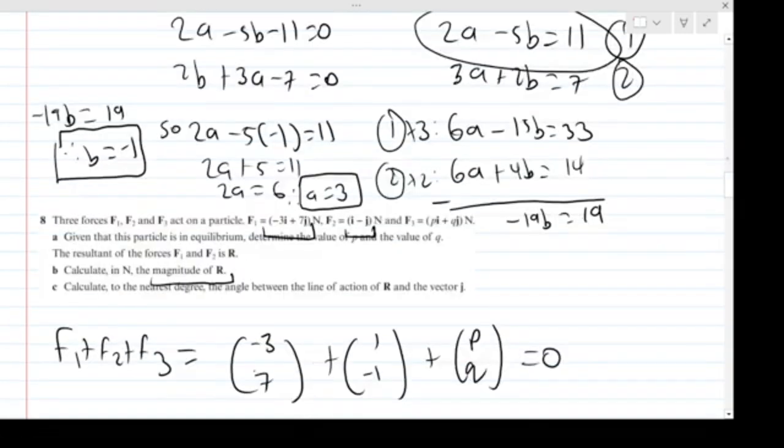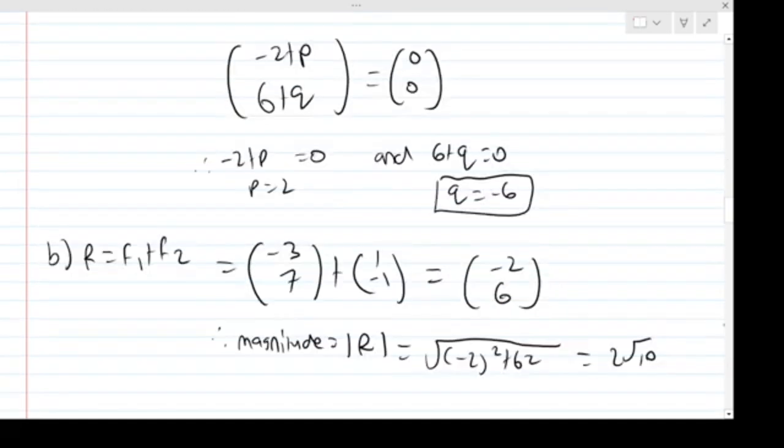Then it says, calculate to the nearest degree the angle between the line of action of R and the vector J. Okay, that seems a bit confusing, right? What I'm going to say first is just plot, because it's to do with angles, it's going to be helpful to just draw the vector R. So R, again, if I remind you, is minus 2, 6, or minus 2i and 6j.